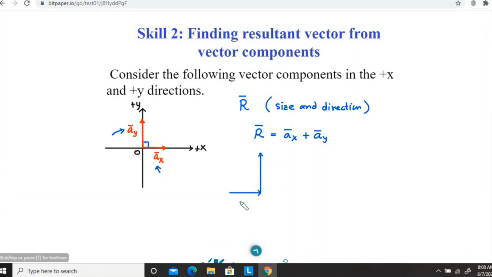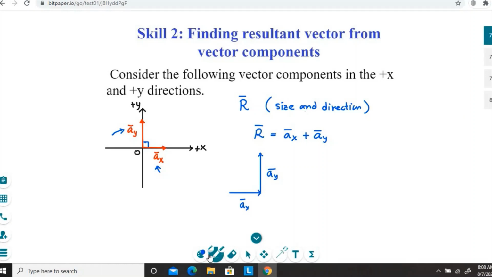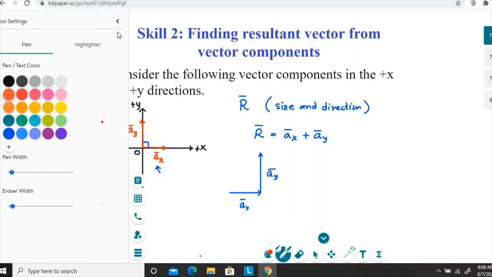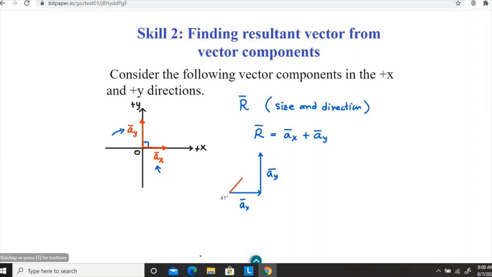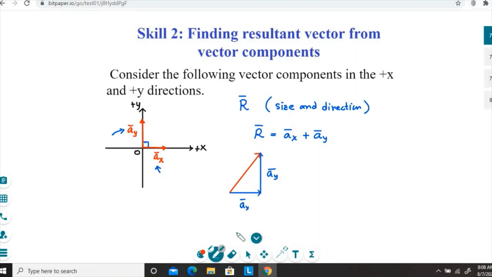So let me label these vectors ax vector and ay vector. And then when you connect the free ends, that's going to give you the magnitude or the size of the resultant vector. Like that. And that's my resultant vector.